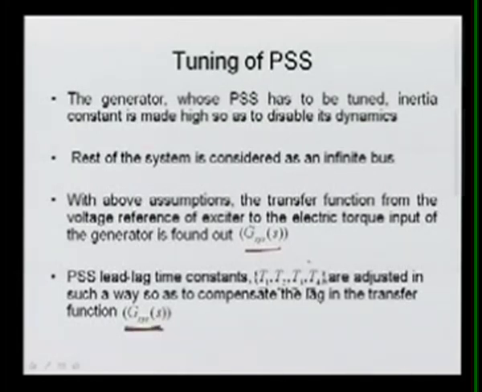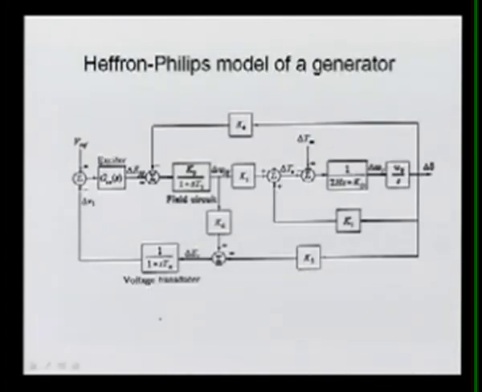So we have to tune these parameters so that they compensate the lag available in the G system, and then we can stabilize the system. After tuning, we have to use those in the complete system dynamics, and then see the performance of the system.